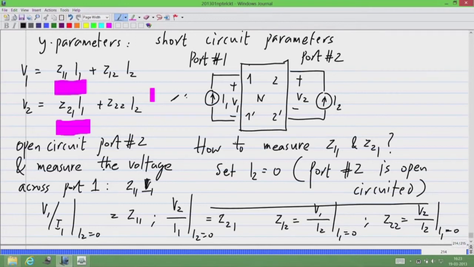Okay. So because we measure the Z parameters by open circuiting one port or the other port, that is to measure Z11 and Z21, we open circuit port 2. To measure Z22 and Z12, we open circuit port 1. These Z parameters are also known as open circuit parameters.